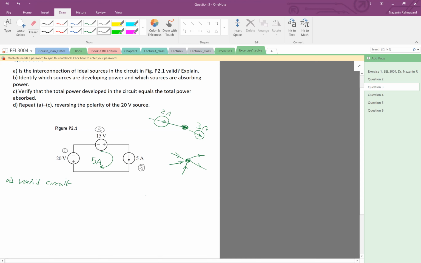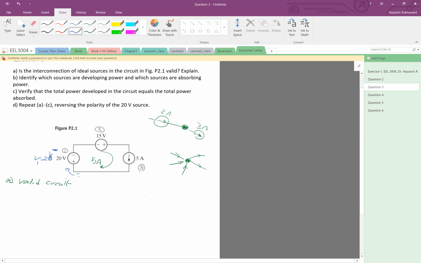Okay, so for the voltage here, I just put the reference voltages. This is plus and minus 20 volts that we know. Let's say V1 is 20 volts with these references. And then I, as we saw, is 5 amp, right?